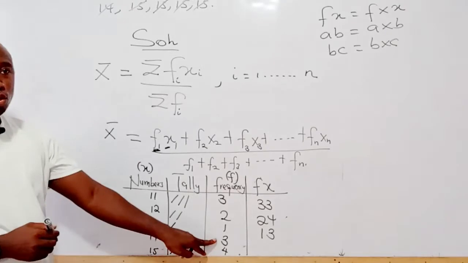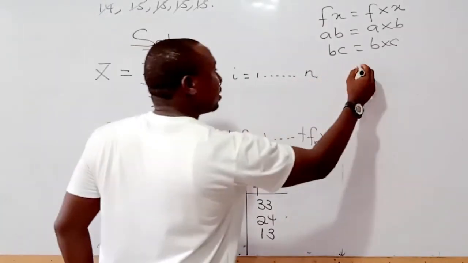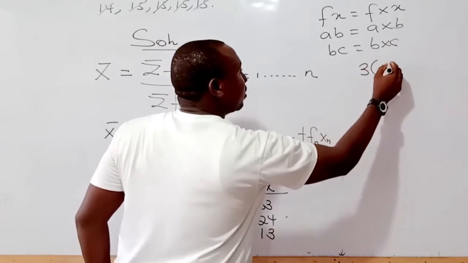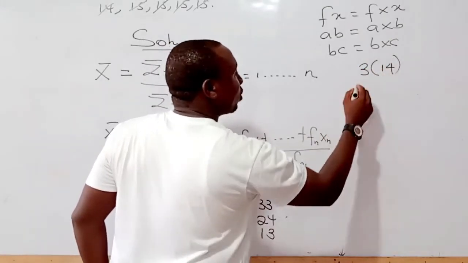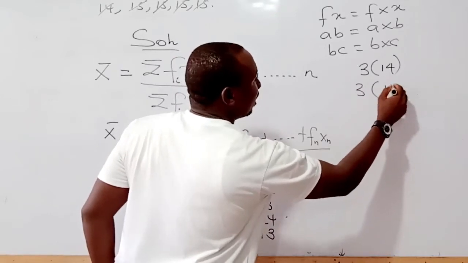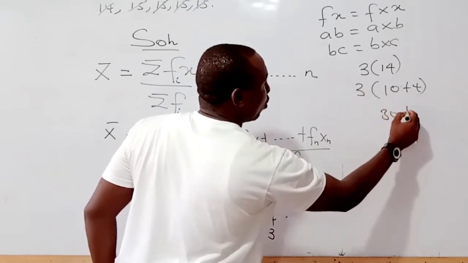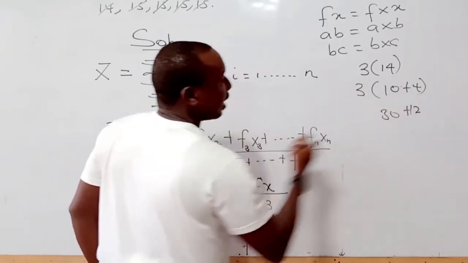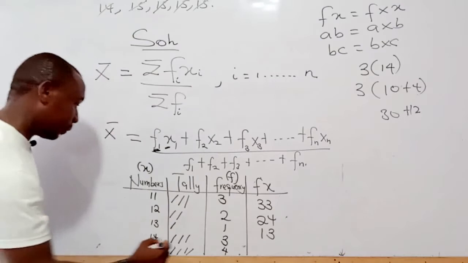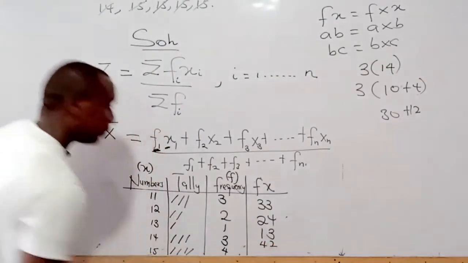To make it easy for you, if you split 3 times 14, it becomes easy: 10 plus 4, 3 tens are 30, 3 fours are 12, and that makes it 42.